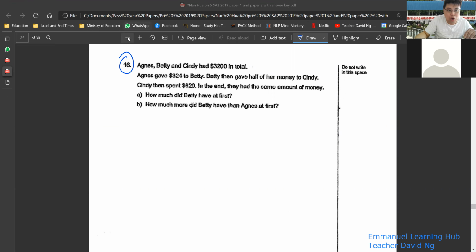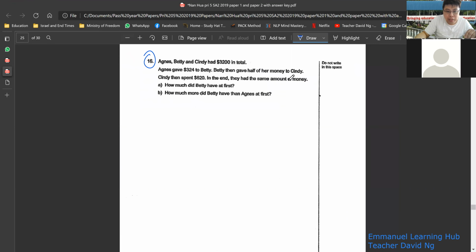The model you draw can be quite complex because you've got to draw 3 pairs of model, not 2 pairs, not before and after only. I have before, after, in the end.